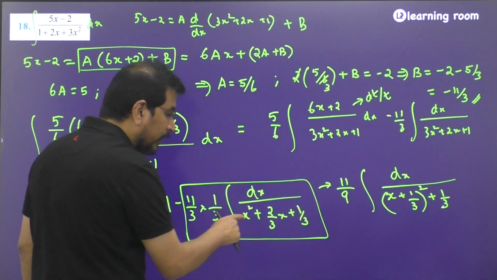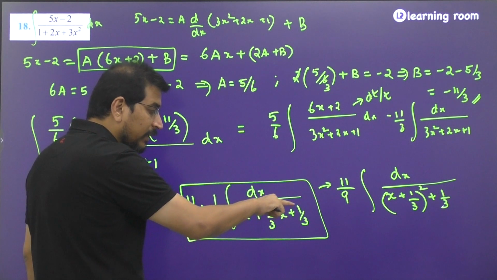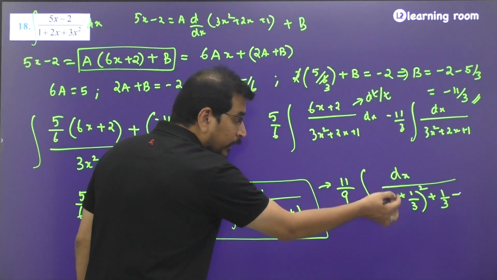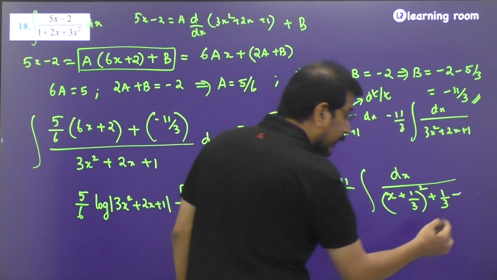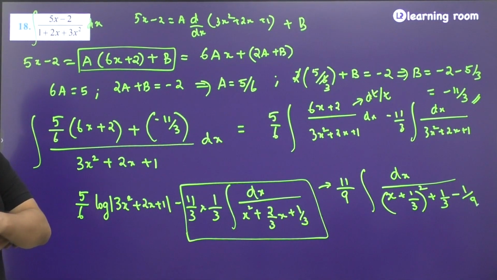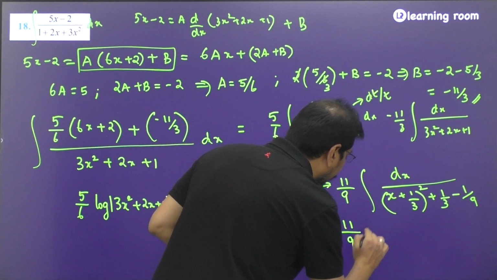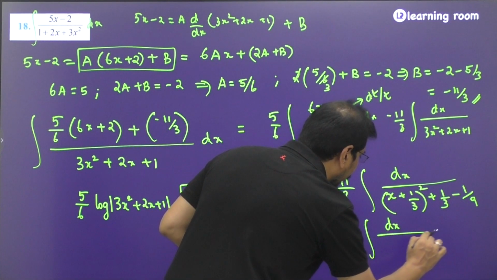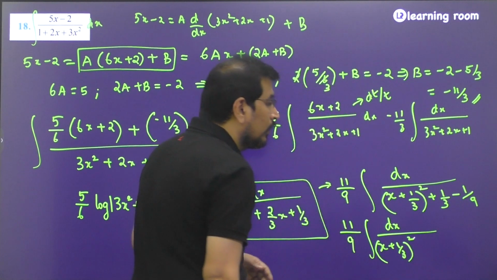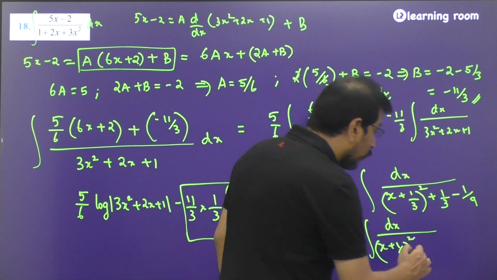See, why did I write 1 by 3? X plus half of this value. It is 1 by 3. Put the whole square plus 1 by 3 minus the square of this value, which is going to be 1 by 9. Am I right? So you tell me it is going to be 11 by 9 into integral of dx divided by x plus 1 by 3 the whole square. So it is going to be 3 by 9 minus 1 by 9, which will be 2 by 9.